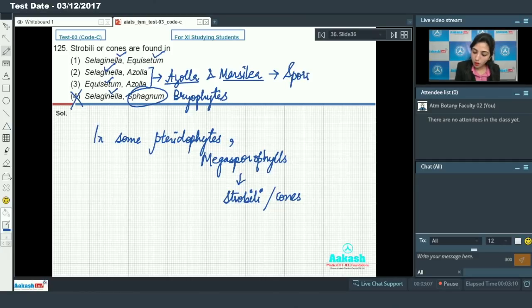They bear spores in sporocarp. Okay, so both 2 and 3 are ruled out. So by this, the answer to this question is option number 1, that strobili and cones are found in Selaginella and Equisetum. Moving on to the next question, that is question number 126.